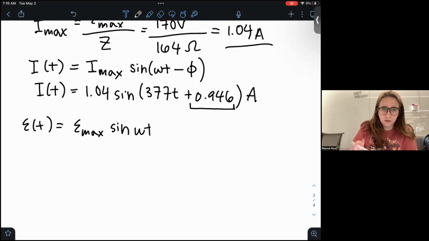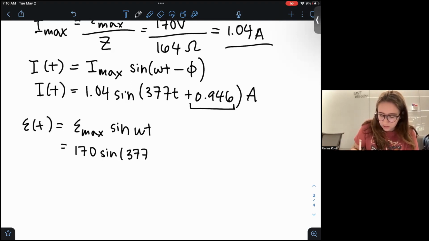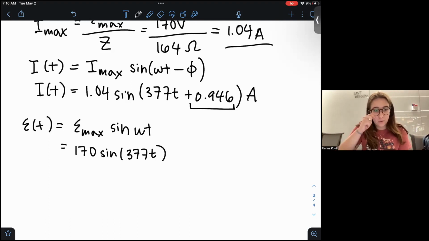So really these are going to look very similar, but they're only going to be offset by this phase angle. So our E max is going to be 170 volts times sine, and then our same omega, 377 T. So that is our equation for our E of T, our EMF.